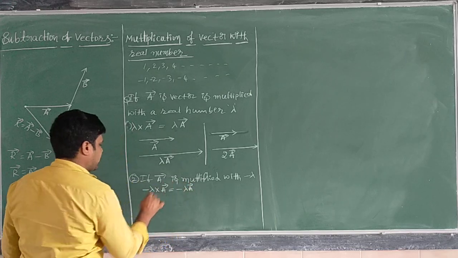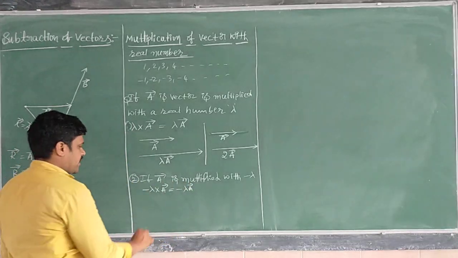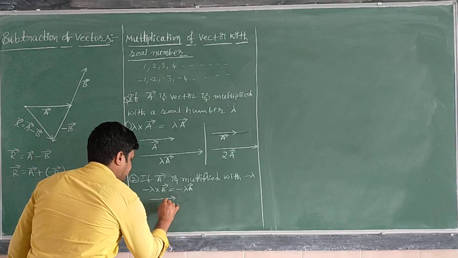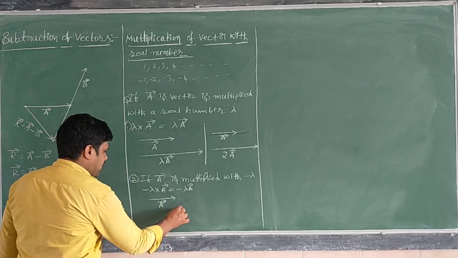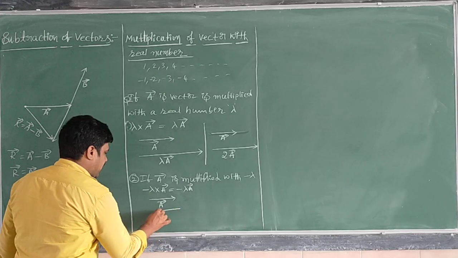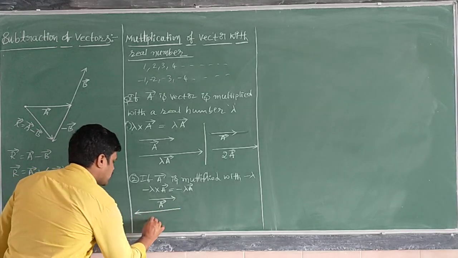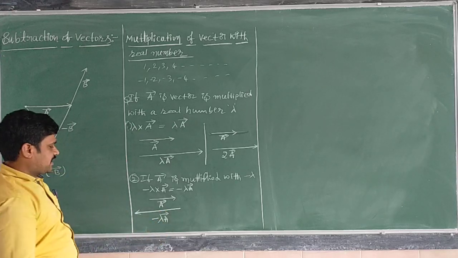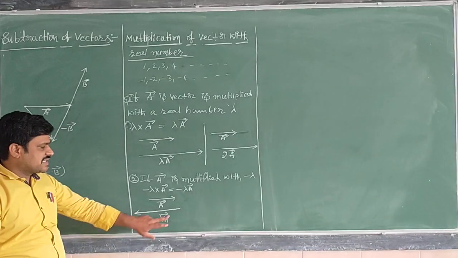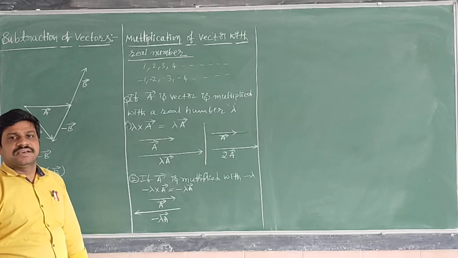Minus into a bar is minus a bar. Actually this is a given vector. What is the vector a bar? Suppose this a bar vector is multiplied with minus lambda. So in that case vector magnitude increases and its direction becomes reversed.